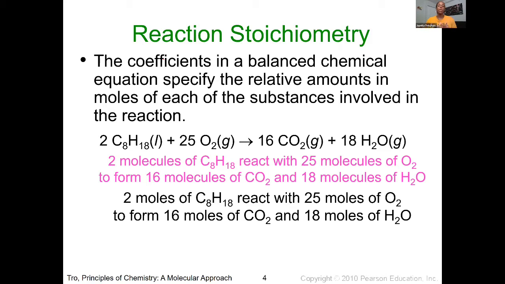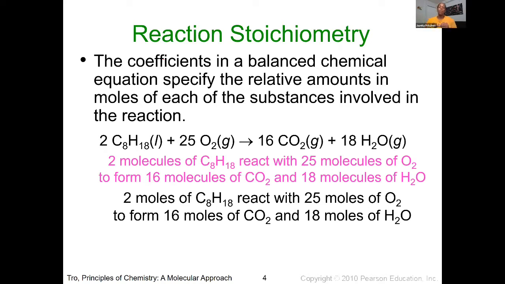Again, we're arbitrarily counting things, so we can apply the idea of a mole to these coefficients. Rather than 2 molecules of C8H18, we think of it as 2 moles of C8H18 compared to 25 moles of O2 to 16 to 18 respectively.